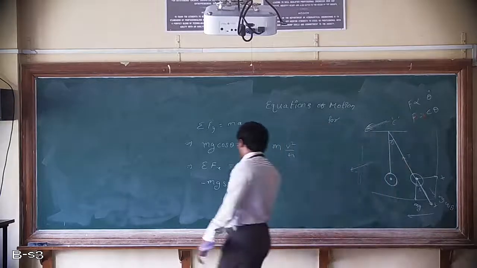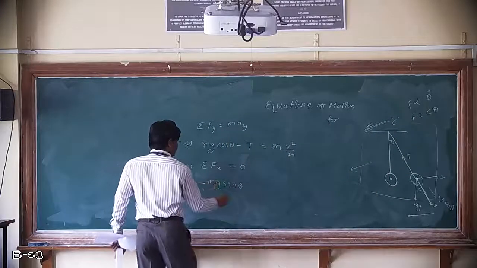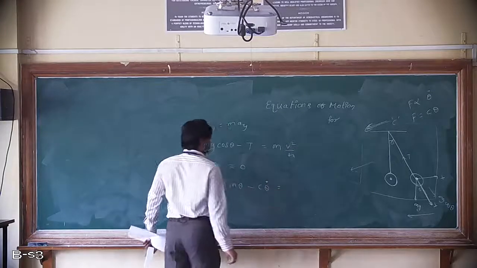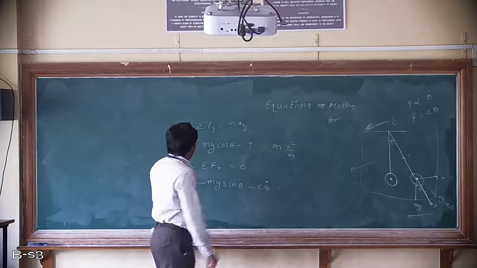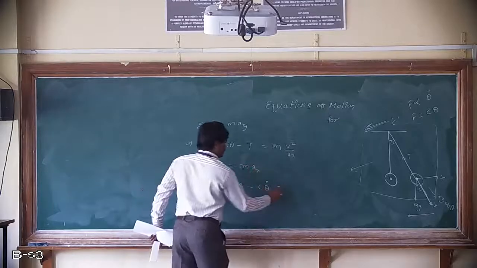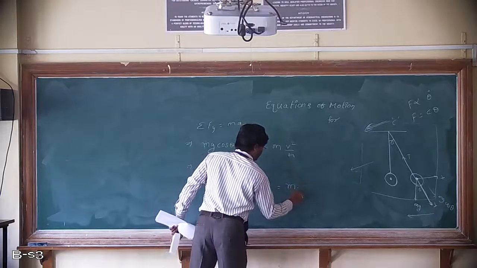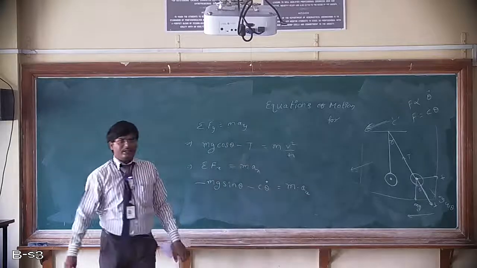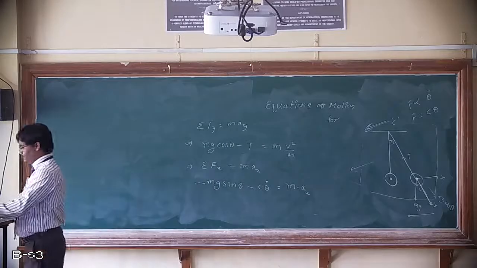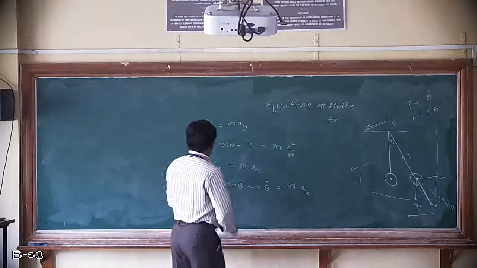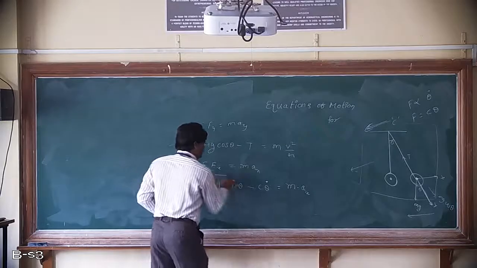So you can write minus mg sin theta minus C theta dot is equal to m into ax, right? Yesterday we discussed up to here.